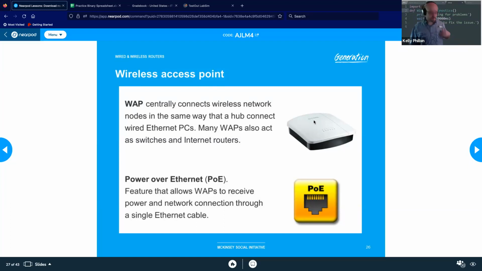So we don't even have to run a power cord to each of these. It now receives all the power it needs from the cable. And we have to utilize a device to push that power over the line, which is called a PoE injector. This will push the 110 current over the Ethernet line, allowing you to power your devices.